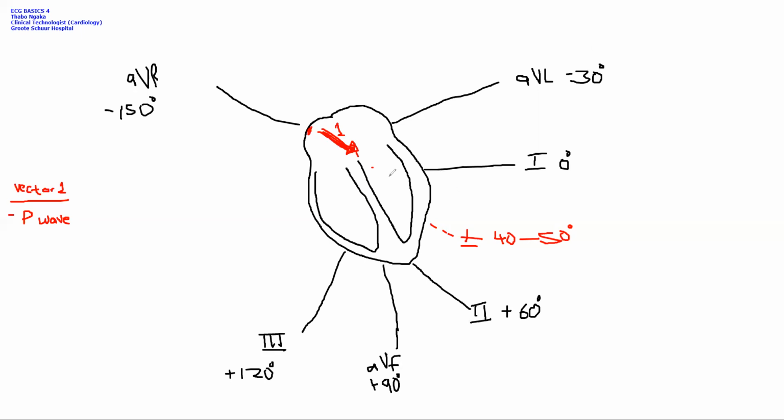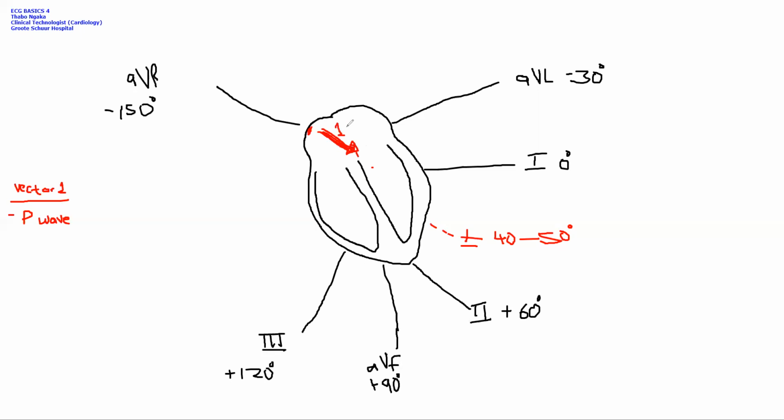Now, here's the fun part. If you think back to our rules, they state that when an impulse or a wave of depolarization moves towards a reference electrode, it produces a positive deflection. However, when it moves away from an electrode, it produces a negative deflection.